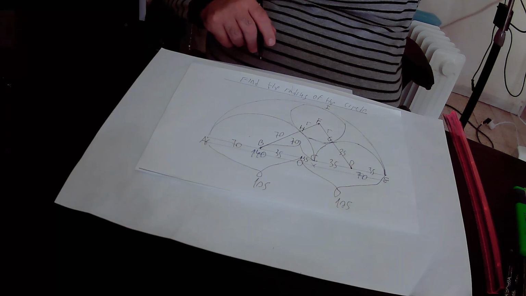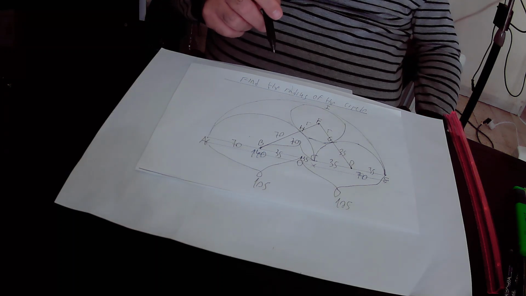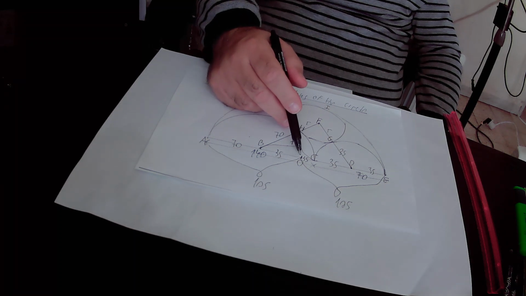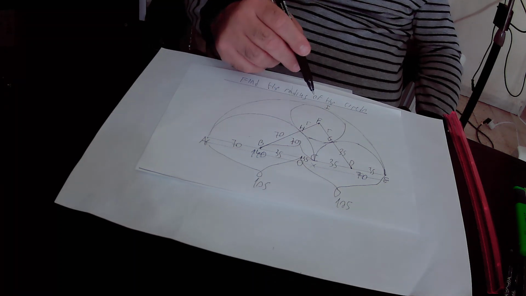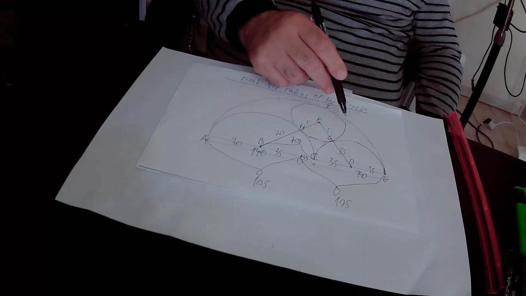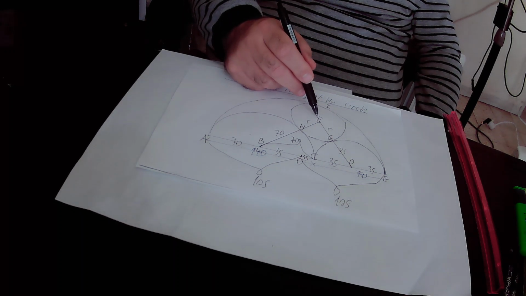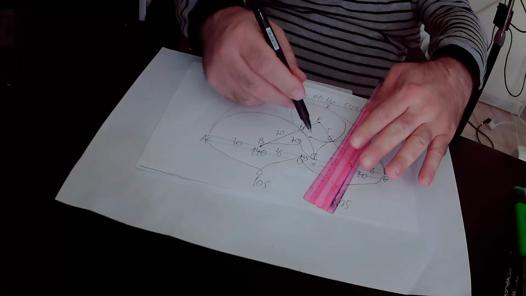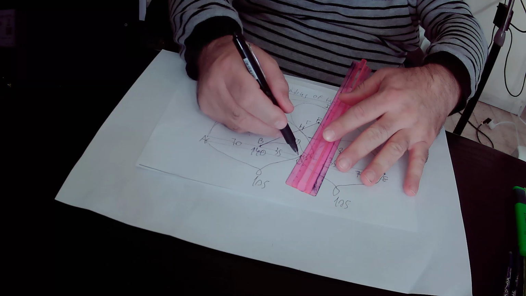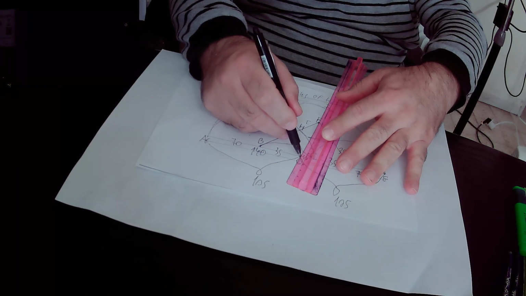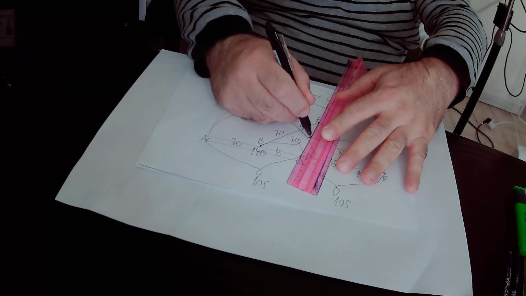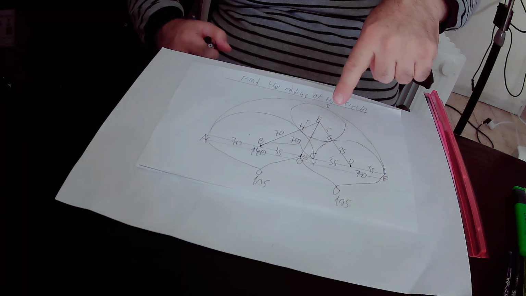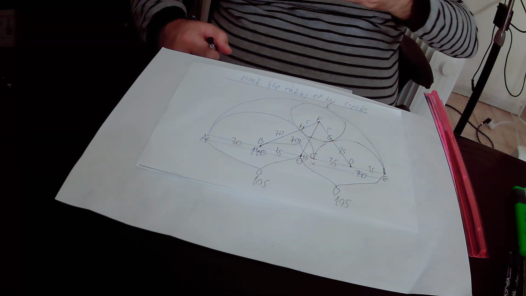In the next step, we will join together the center of the biggest semicircle that is located here at point O with the center of this small circle that is located here at point F. So we will join points O and F together by a straight line. We joined the center of the biggest semicircle with the center of this circle.